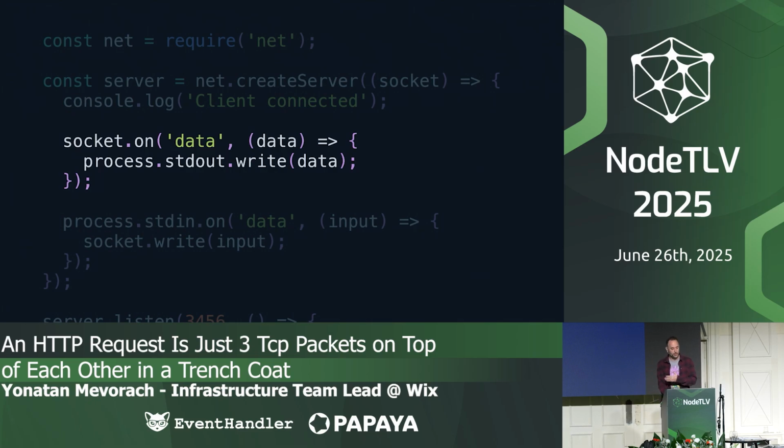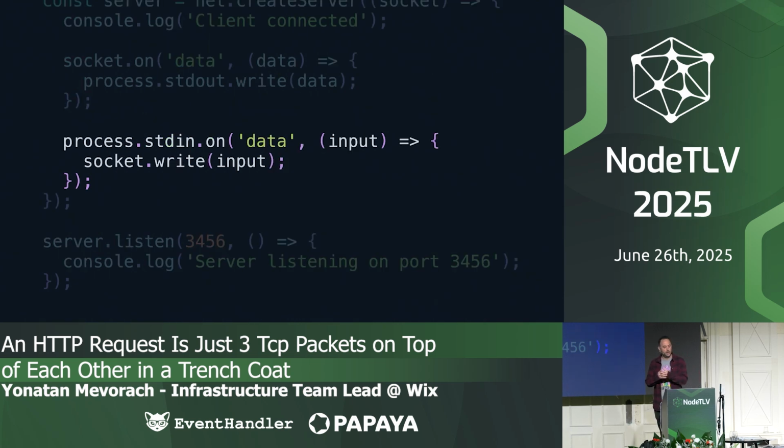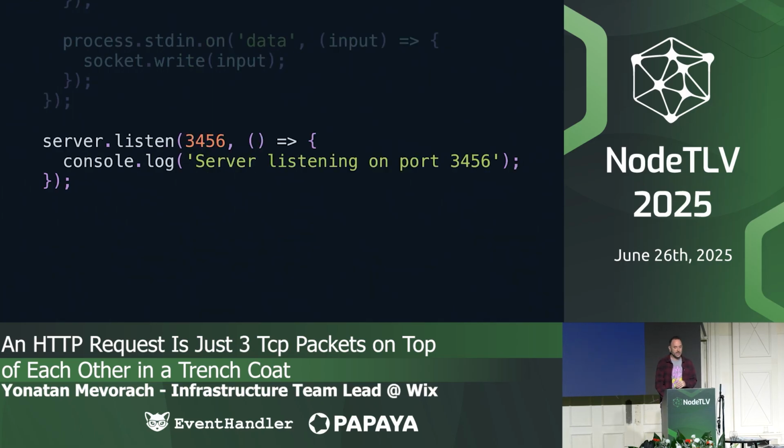In this case, we bind that to the process stdout, and again, binding the process stdin and writing that to the socket, so when I write things in the terminal, it will actually get sent across. And the last thing that I need to do to start the server is to call server.listen and say the port that we want to open, and that's where we're waiting for connections.